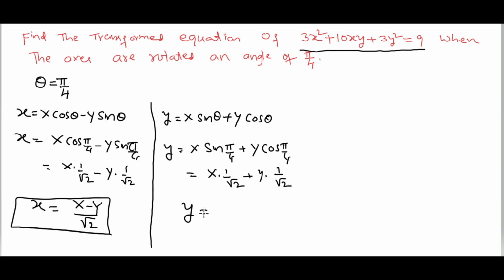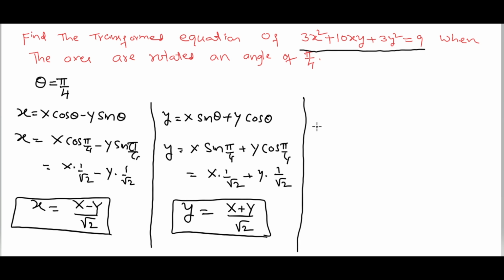Therefore, small y is equal to, take LCM, that is capital X plus Y by root 2. So, substituting these two values small x, small y in the given equation, that is 3x square plus 10xy plus 3y square is equal to 9.